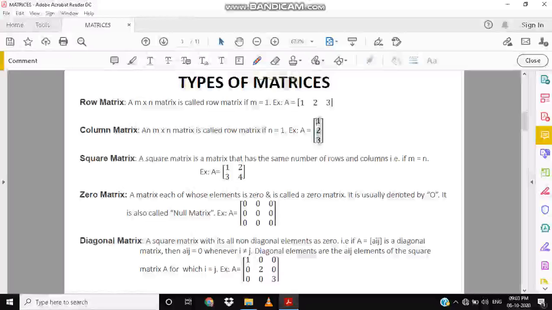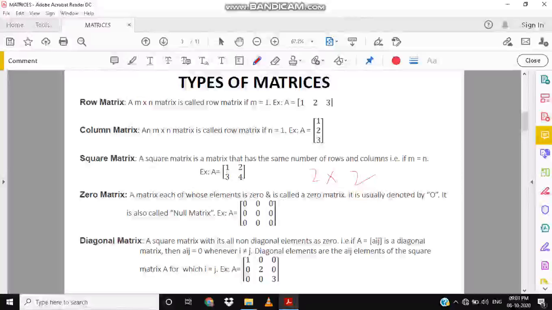Now coming to the square matrix, what is it? It is a matrix which has an equal number of rows and columns. So here the number of rows is 2 and the number of columns is also 2, right? It's 2 and 2 for a square matrix.